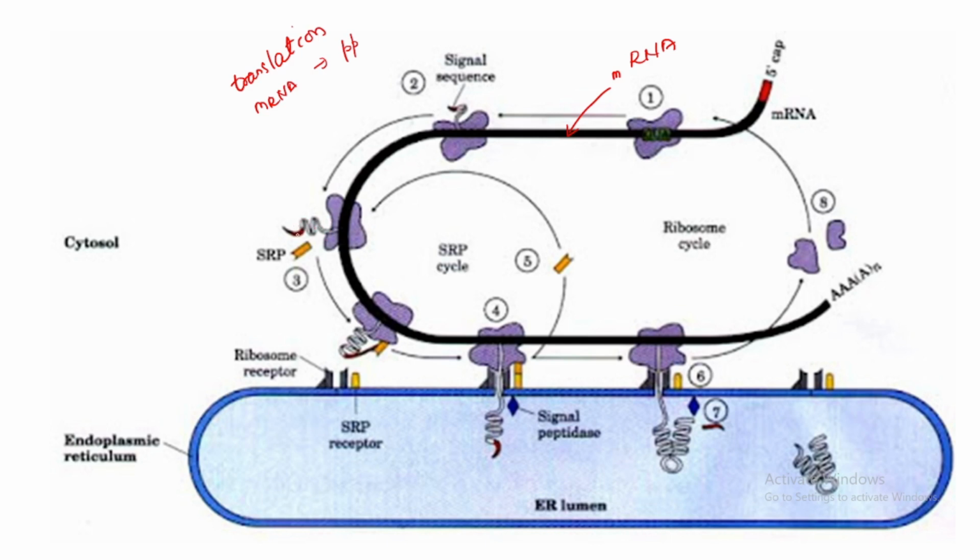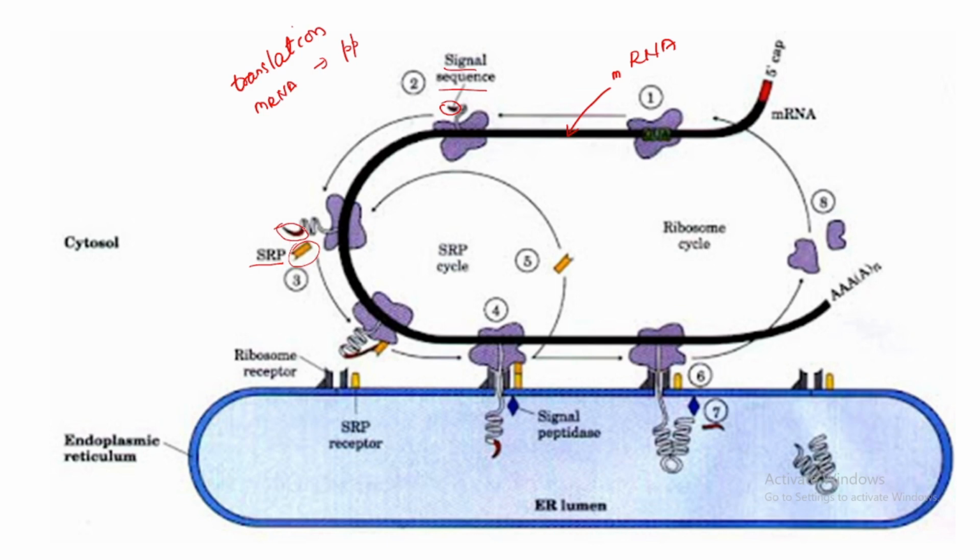At its end portion we can see a special area, an amino acid sequence called the signal sequence. It is a signal, and to that signal a protein comes and binds. That protein is called the signal recognition protein, SRP. It acts as a director.